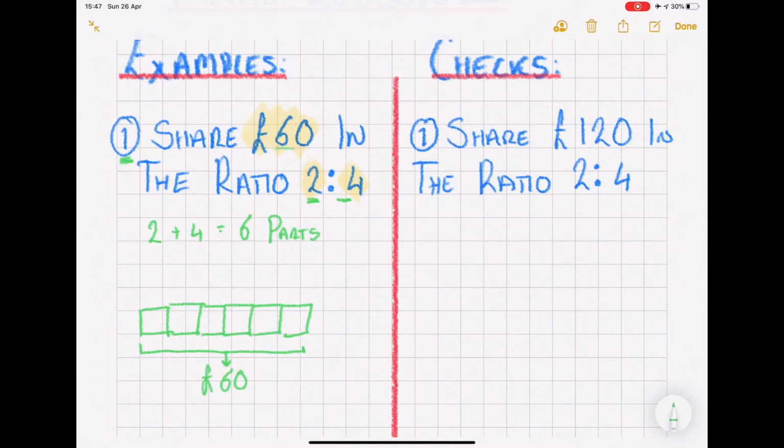And that comes from up here. So all those 6 boxes, all those 6 parts added together equals £60. So now I want to know how much goes in one box. And to do that, I take my £60, and I divide by how many parts I've got, which is 6 parts.